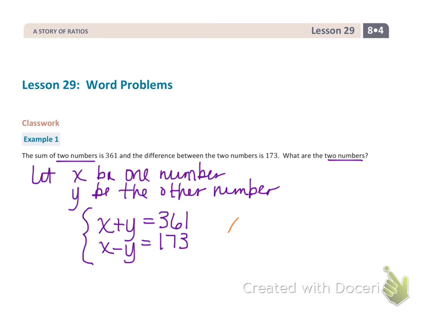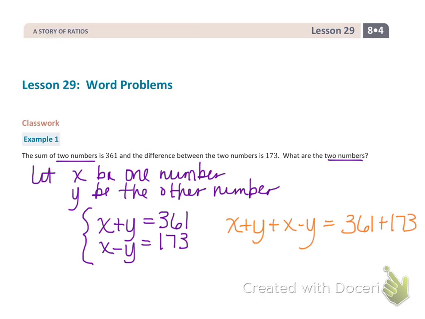Adding the left-hand sides, I would have x plus y plus x minus y is equal to the sum. So the sum of the left-hand sides would have to equal the sum of the right-hand sides. So it's 361 plus 173.